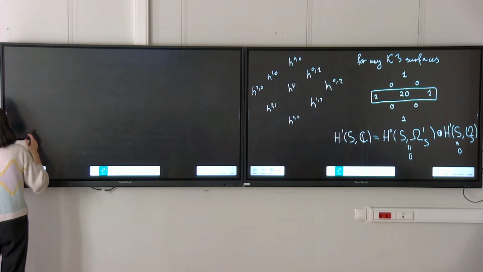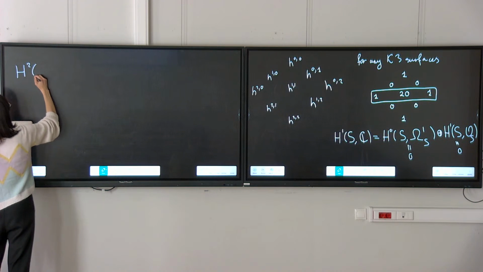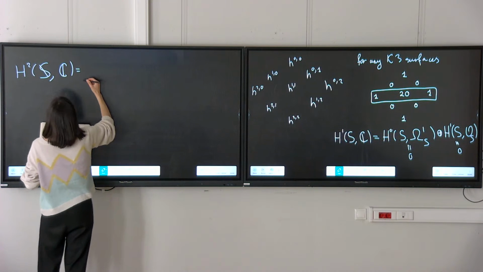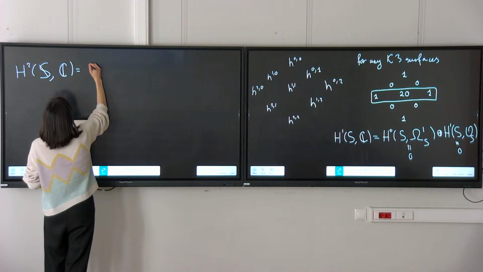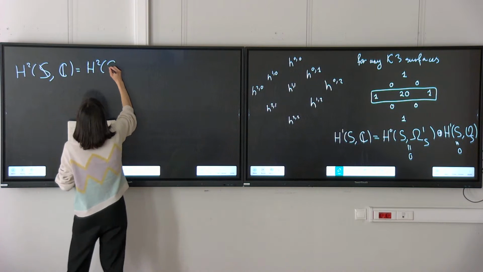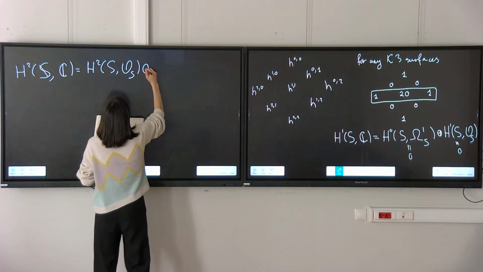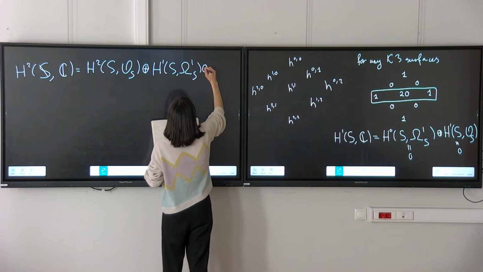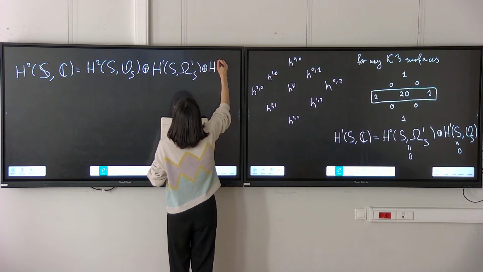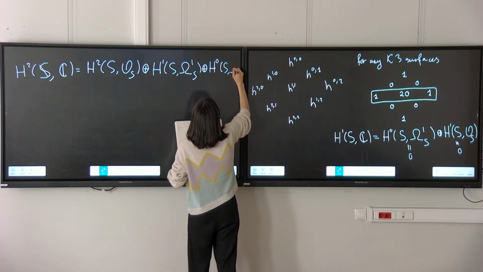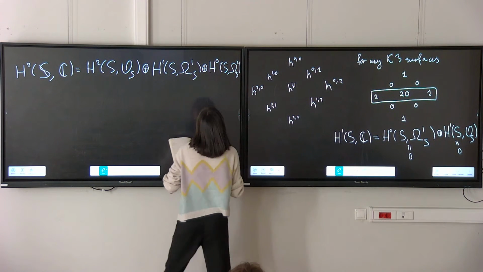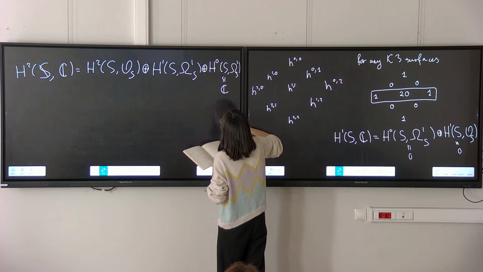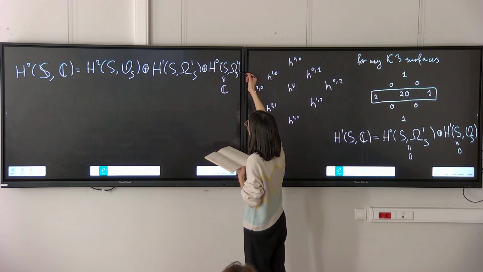So first of all, what we have is H2 decomposed in the direct sum of H2 of O_S, H1 of omega S, plus H0 of omega 2 S. Okay, and this is just a one-dimensional complex space, just because we know that this is trivial.